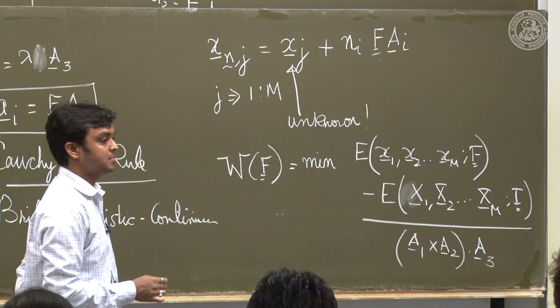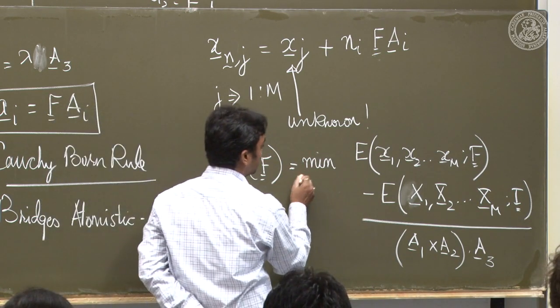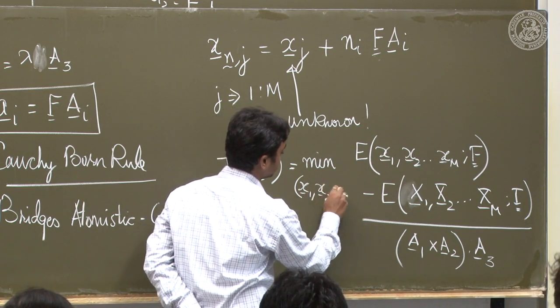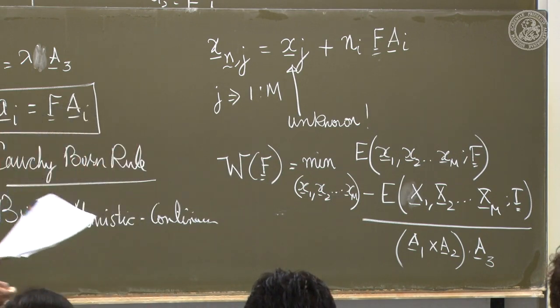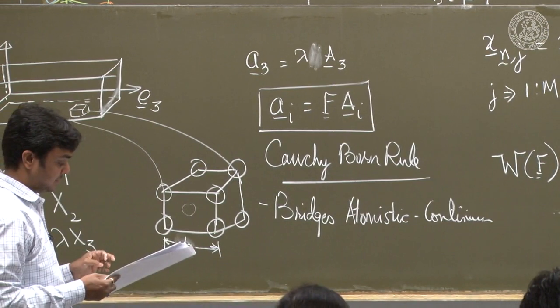This is my strain energy density, and I minimize this with respect to the deformed positions, so I'll get my deformed positions x from this.